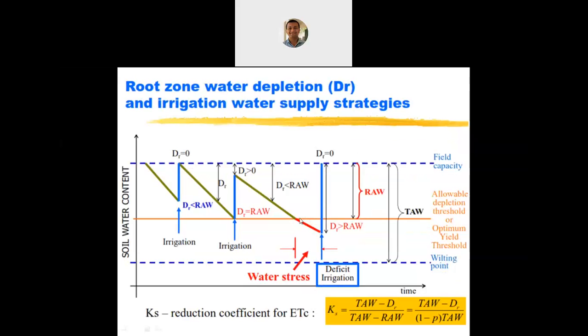So what we can see is that in this portion we are allowing the crop to go under stress by giving it deficit irrigation in terms of delaying the irrigation time. Now if we delay the irrigation time, we are allowing some amount of water stress, but we also need to keep in mind that this stress doesn't hamper the crop yield.